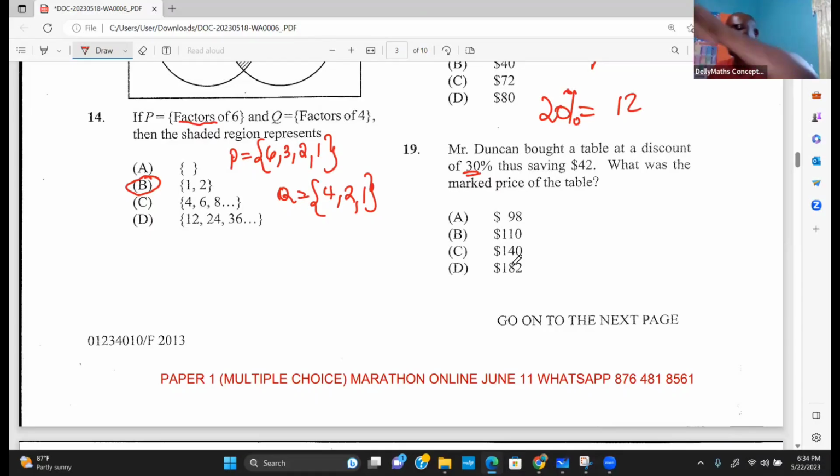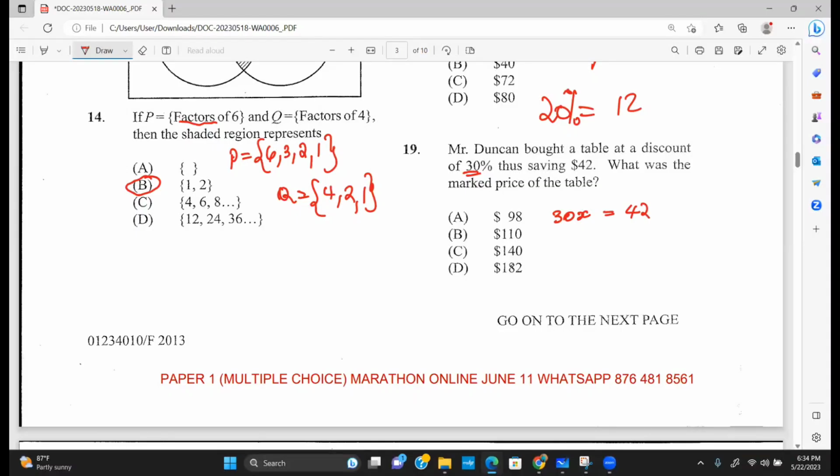All right, what did you do? I cross multiplied. Tell me what you did. What did you set up? 30x is equal to the 42 times 100.